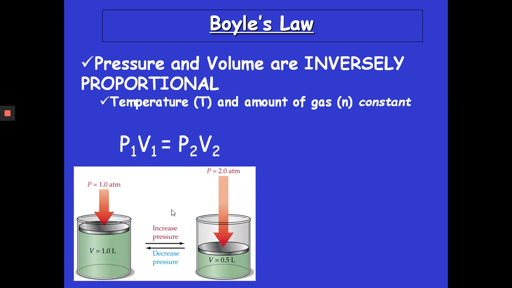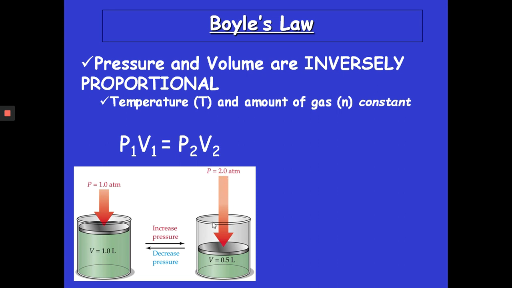So imagine that you have a cylinder containing gas, which is at 1.0 liter, and there's exactly 1.0 atm of pressure above that gas. Now, if we increase the pressure, so assume that you are pushing this down further with a stronger pressure at 2.0 atm.